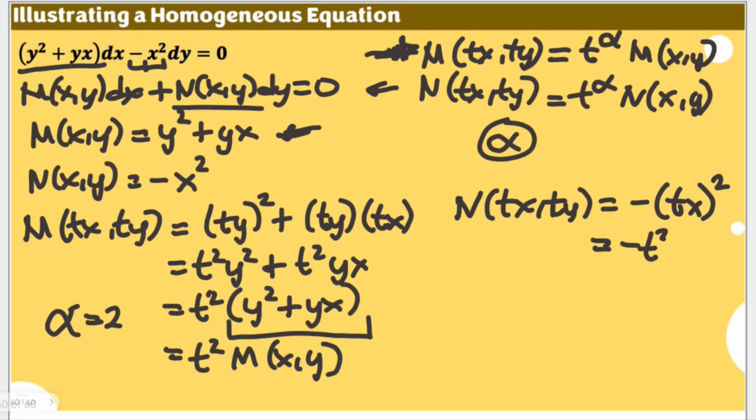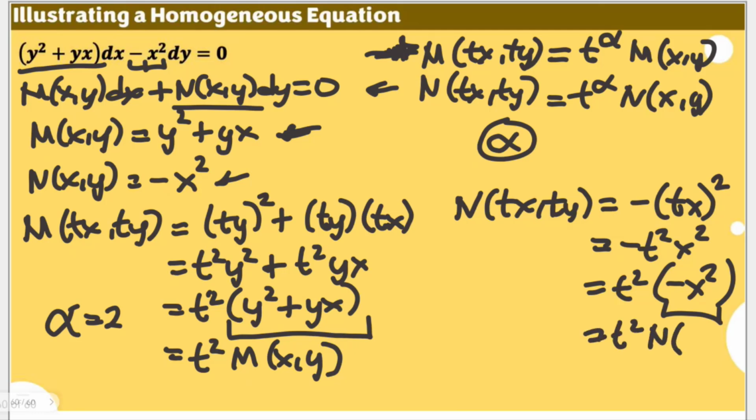You have t squared x squared. Move out here t squared, you have minus x squared, sorry. And this is our original N of x y. So similarly, our alpha here is 2.